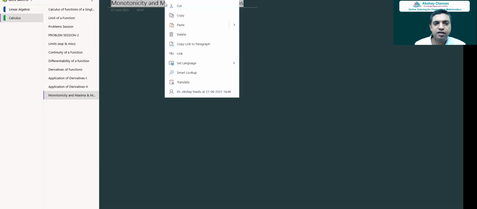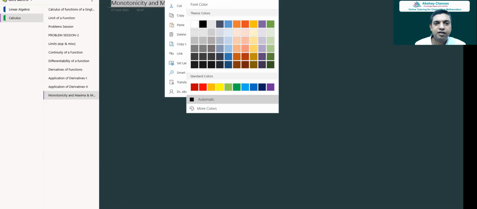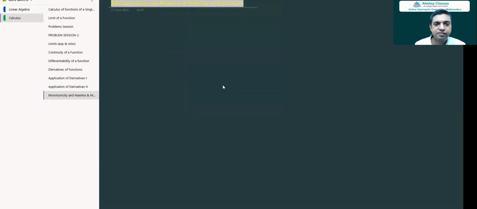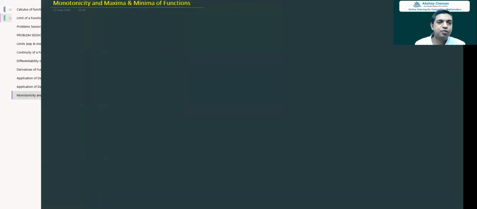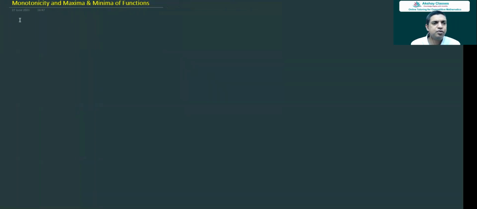And this is by far the most important topic as far as GATE is concerned, because most of the questions come, and those of you who have appeared for JE also know that this is one of the most important topics at any entrance level. But remember, for GATE, you will have maxima and minima for multivariate functions also. Soon we'll do functions of several variables, so that will also come.